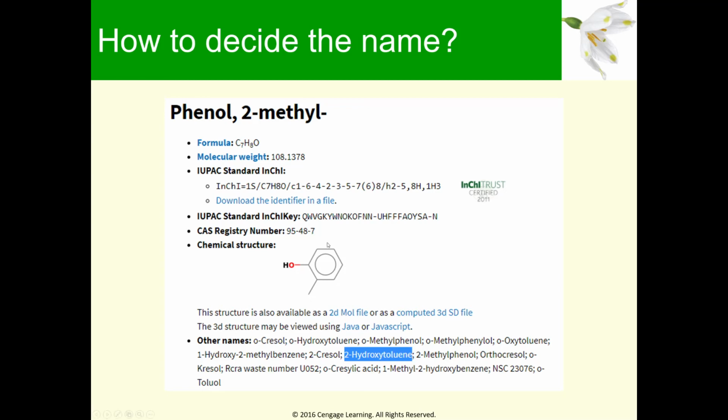So what are the basics that we have to know in this case? Well, the basics that we have to know in this case is we could call this either a phenol or a toluene based on the OH or the CH3. We could also call it 1, 2, or we could call it ortho. Note that if we call it a toluene, we by default make the CH3 the 1 position.